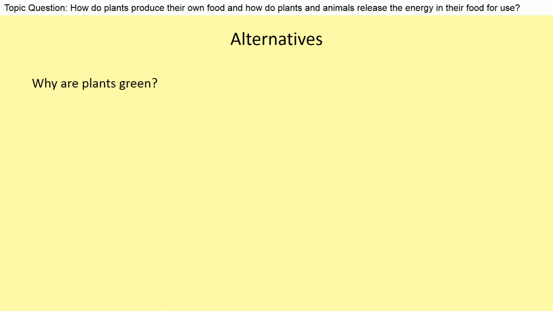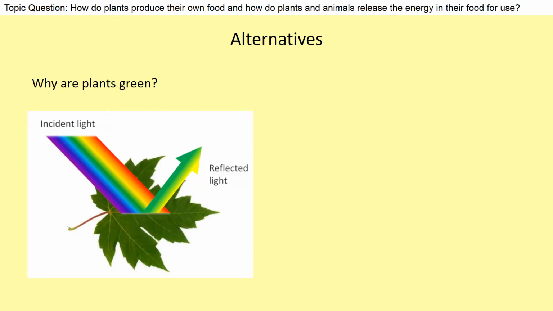There are some slight changes to this experiment. So instead of light intensity, you might look at the colour of light. Are you aware of why plants are green? If not, then this is why. So when light shines on a plant, red and orange and purple and blue would be absorbed by the plant.